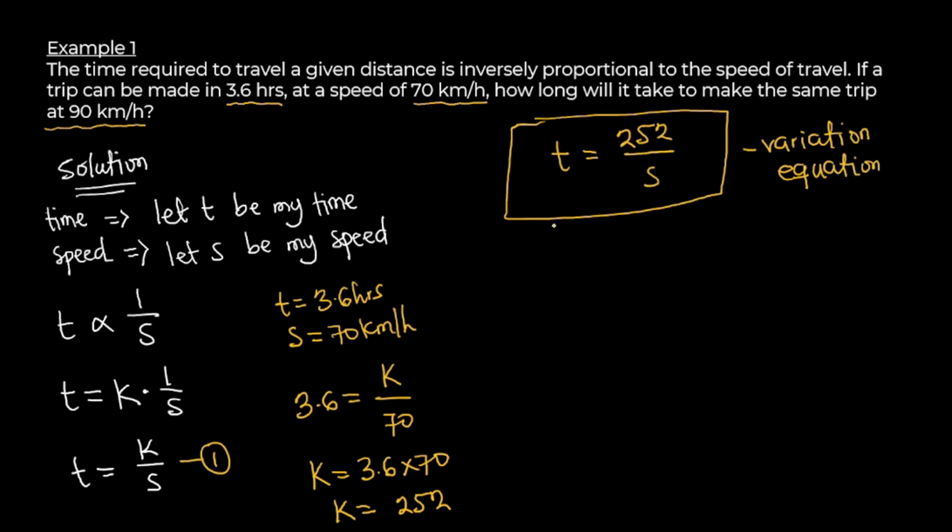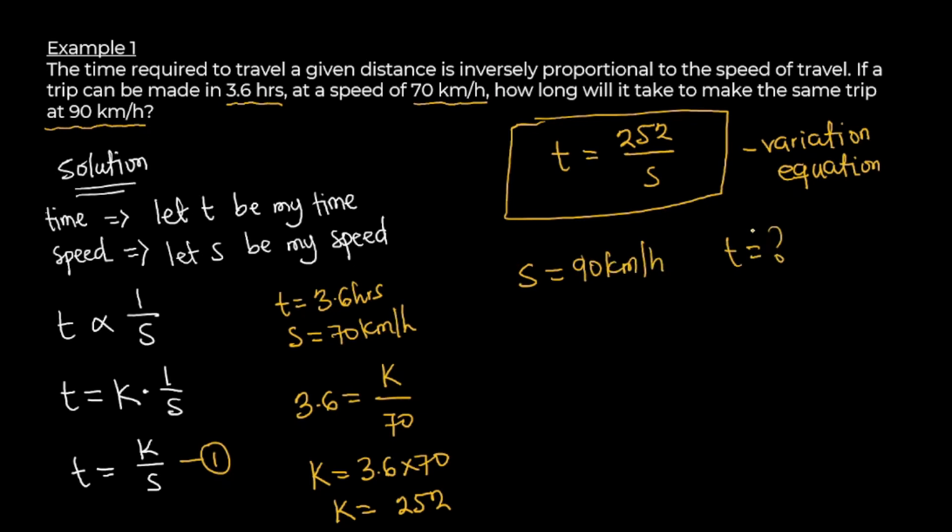Now, the second aspect of the question is telling us to find how long it will take to make the same trip but at a higher speed. So our new speed is 90 kilometers per hour, and we are to find the time it will take.